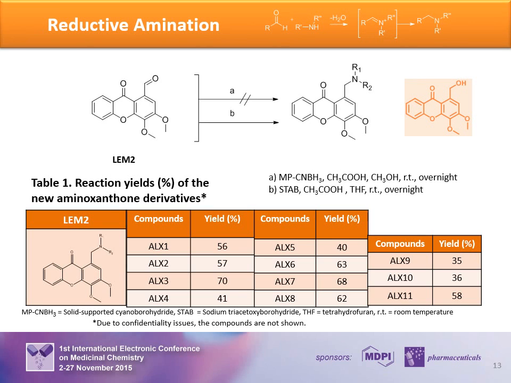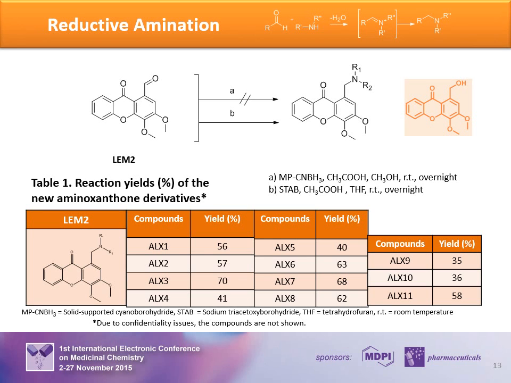Herein, we found that the choice of the reductive agent and solvent are critical to the success of the reaction. Just to highlight, Lem2 only reacted in THF and STAB, to reduce selectively the imines over the aldehydes.